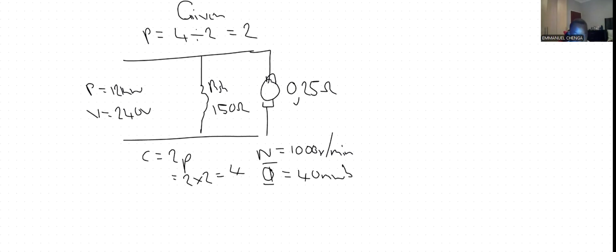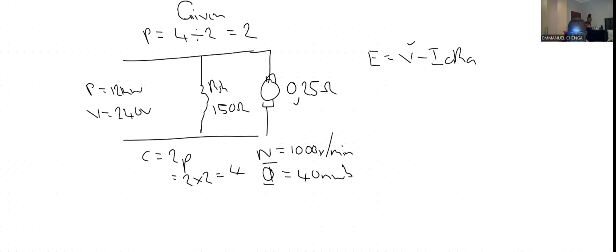So let's see how we can find our EMF. We have two ways that we can find it. The first one, we can say E is equal to V minus IA RA. I just have to check with my given information. I do have V, but I don't have IA.